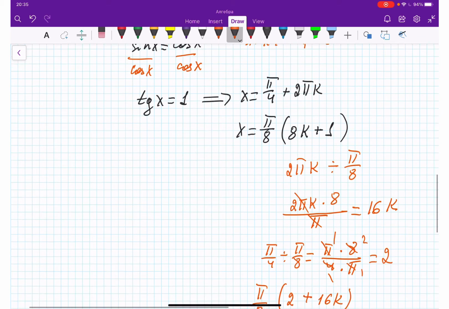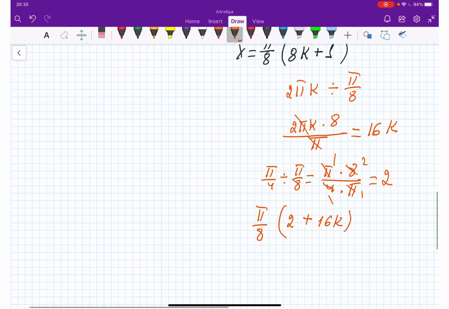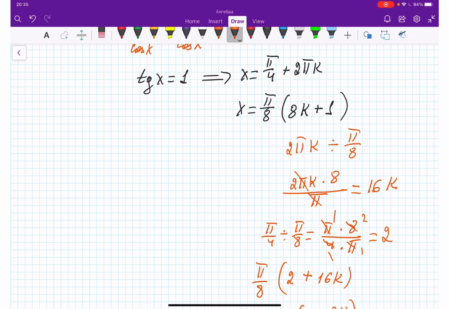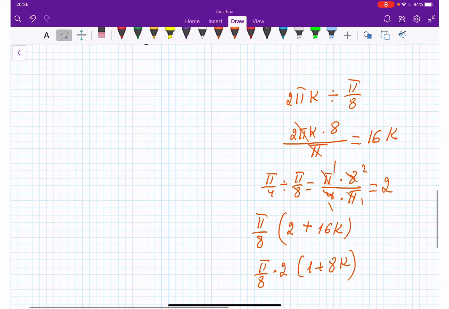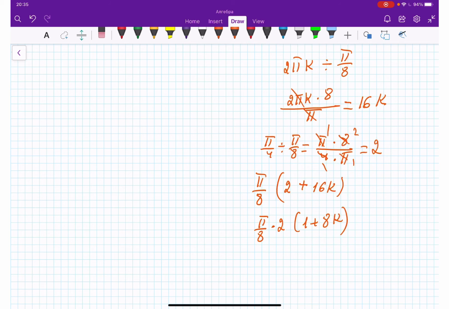So if we take 2 out, we will have 1 plus 8k. And that's exactly what we have. Since I did these changes, I might as well move it here. I move this piece up.